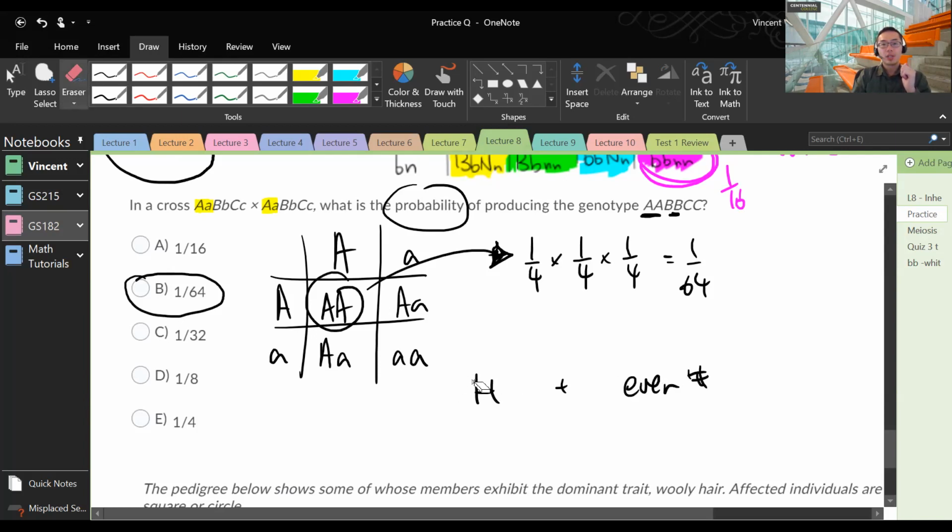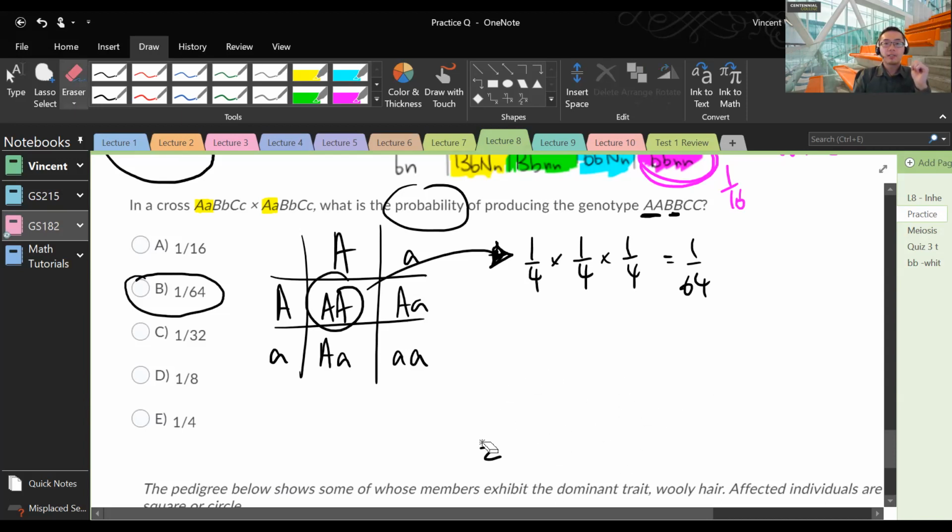The head is 1/2, right? And rolling an even number, as in 2, 4, 6 on a dice, is half. So the probability of both of these things happening together is you multiply the individual probabilities together. Whenever you want the overall probability, you just multiply the individual probabilities together.